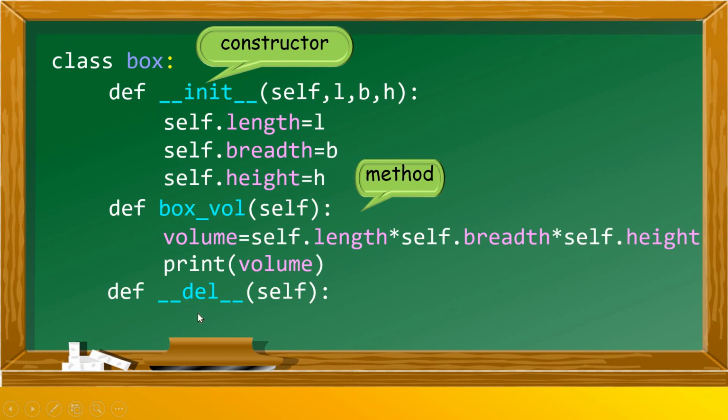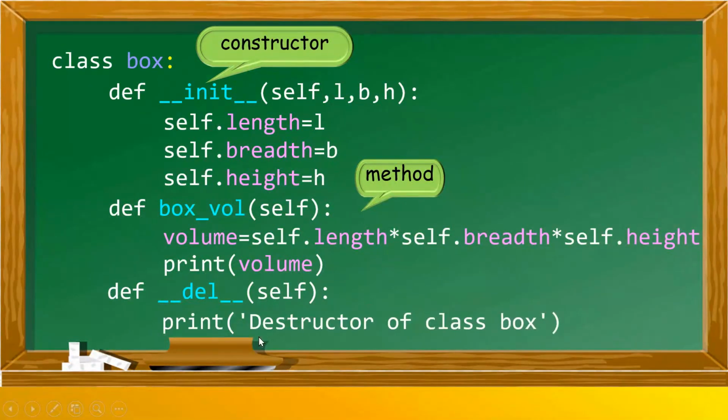And within this method, I will write a print statement, print destructor of class box. From the message itself, it is clear to us that this method with the name __del__ is called a destructor.